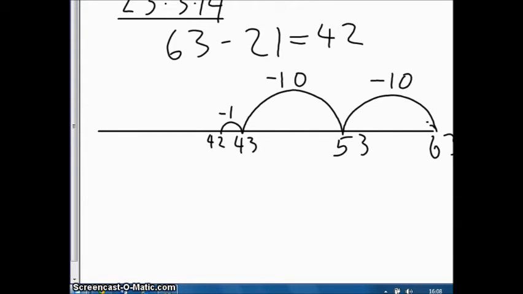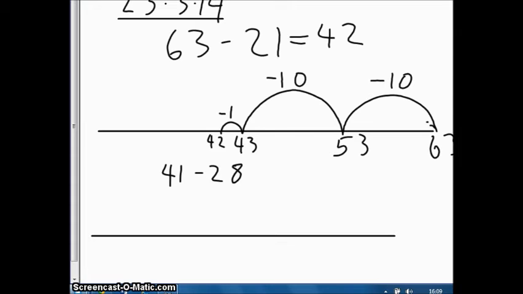I'll draw the line at the bottom here. Could be again with that regrouping idea without having to bother about the vertical subtraction, but you might see it later on too. Is 41 take away 28. In this example now, it might involve some counting, which isn't the end of the world. 41, take away 10, 20, and 8.